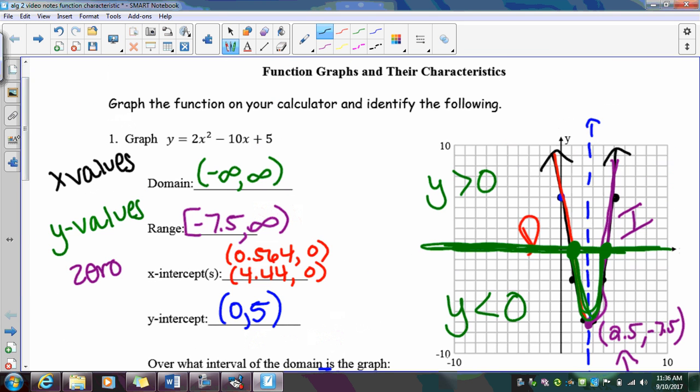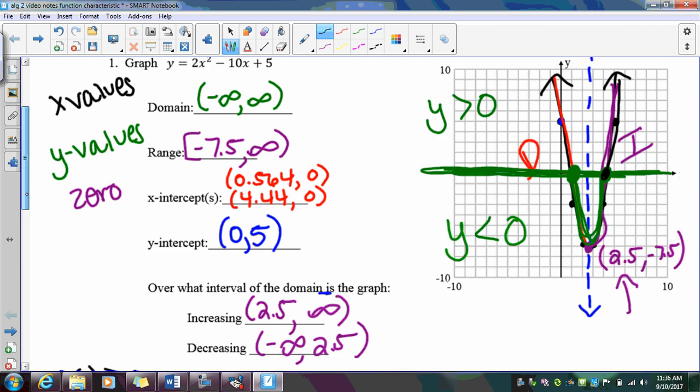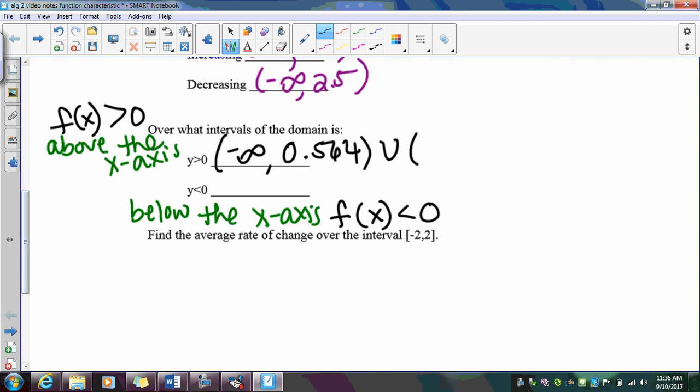And the other piece starts at the second x-intercept and goes towards positive infinity. That other x-intercept was 4.44, comma, infinity. And then when it's below, it's between those two: starting at that first x-intercept, 0.564, all the way to the second one, 4.44.